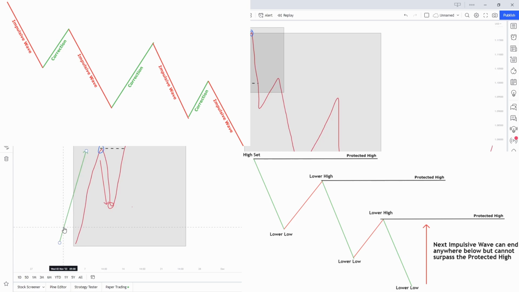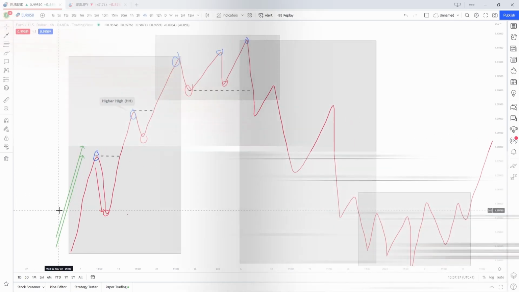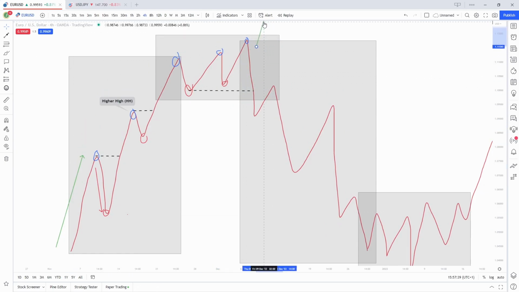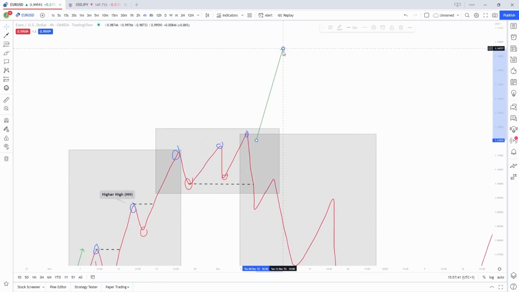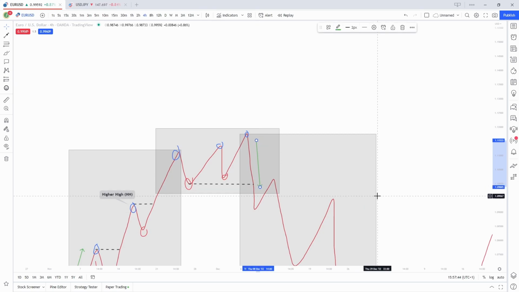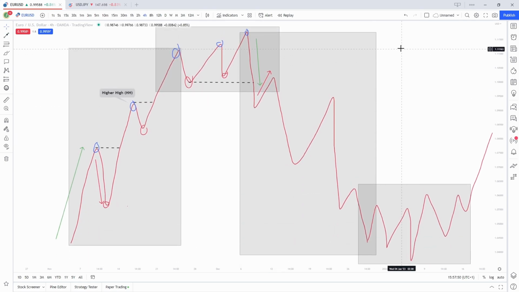Okay. So in this case, the green arrow, which represents our impulses, is going to be the opposite way round, because that is our impulse and that is our correction. So this is why understanding where protected lows lay is very important.